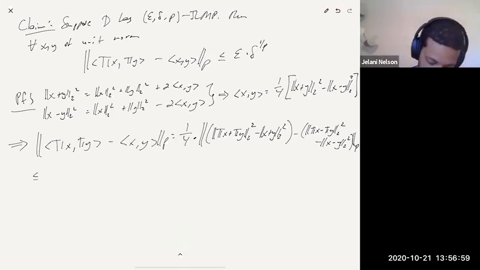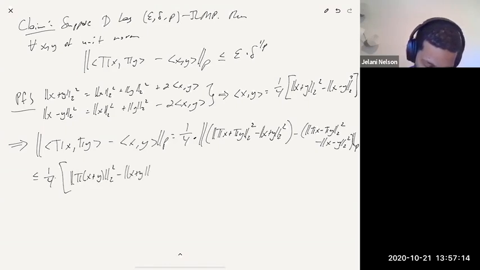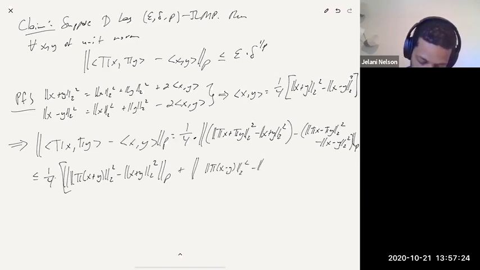This is at most 1/4 times the p norm of pi x plus y L2 norm squared minus x plus y L2 norm squared, plus the p norm of pi x minus y L2 norm squared minus x minus y L2 norm squared.